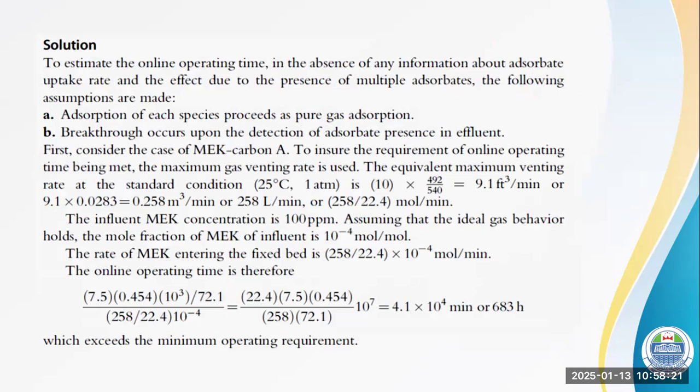Please go through it. So the adsorption of each species proceeds as pure gas adsorption occurs. Then we have the breakthrough, which occurs through the detection of adsorbate presence in the effluent. What that is saying is that you have a breakthrough that happens the moment you sense the presence of your adsorbate in the effluent.